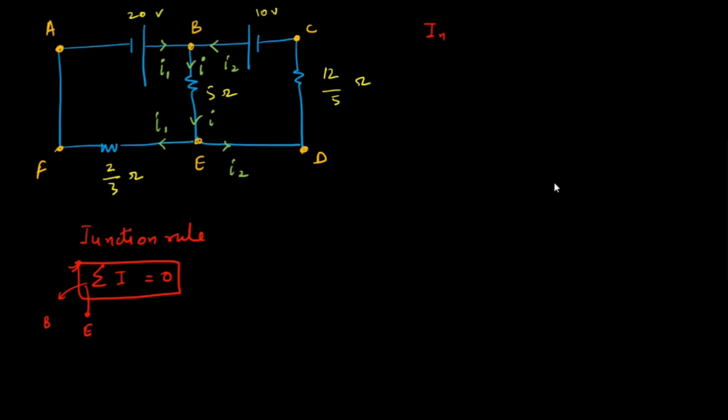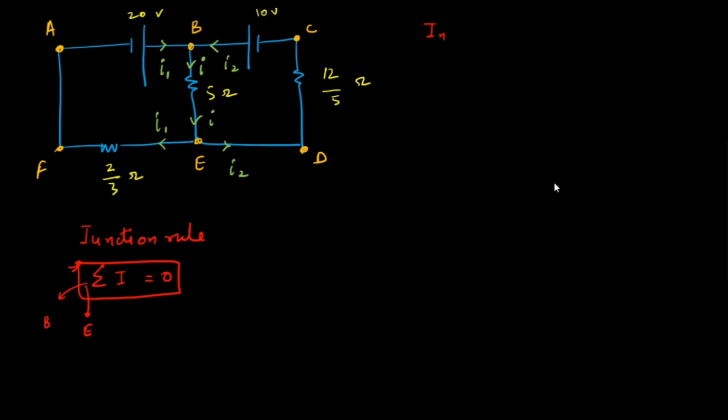Can you spot any three loops which you can see and apply the loop rule here? Give me the names in terms of ABC. Name the loop completely.